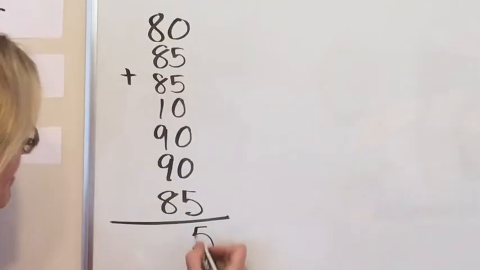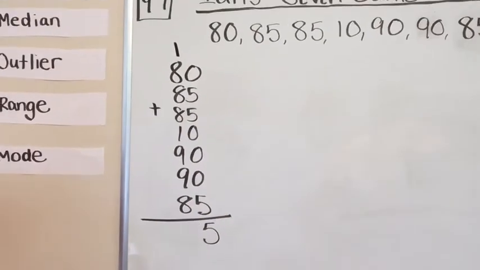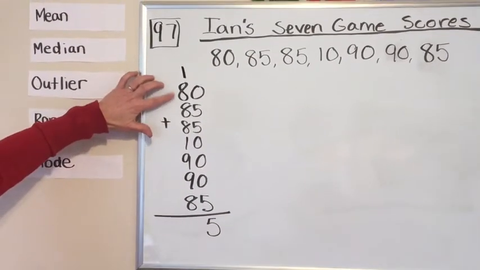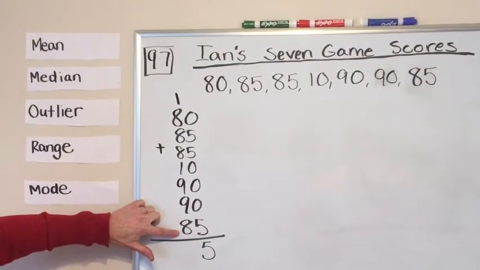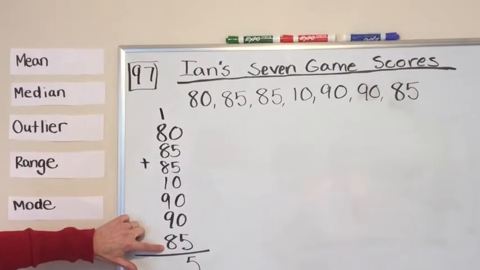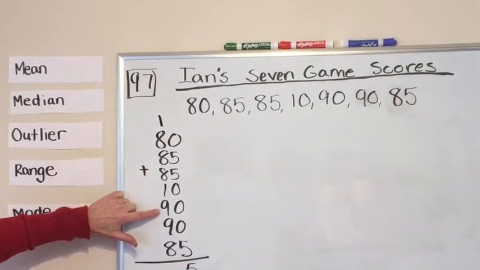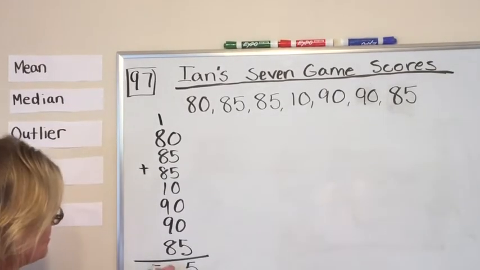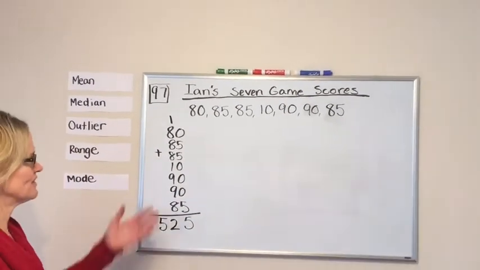We write down the 5. Carry the 1. And as I'm looking here and I'm adding these numbers, we have 1, 2, 3, 4. 4 eighths are 32, 33, 34. 34 plus 9 is 43. 43 plus 9 is 52. The total of the scores together is 525.